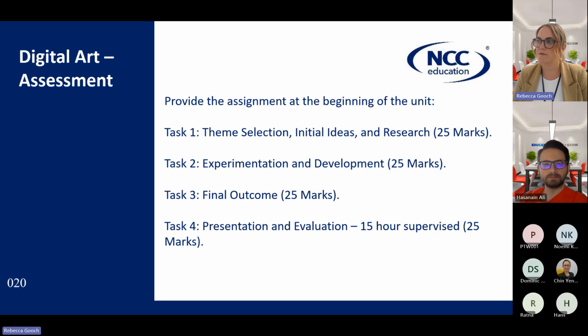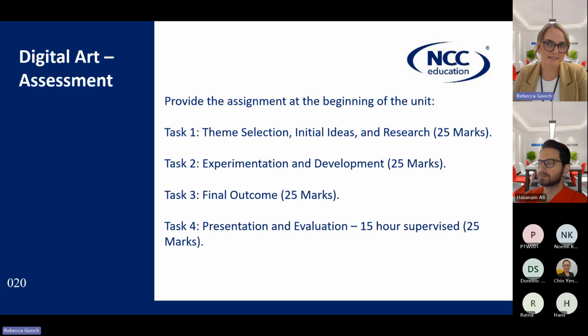Key points for marking task 1 are creativity, originality, their sources, the depth and breadth of the research they have done, and ensuring it encompasses multiple digital art disciplines, not just focusing on one.